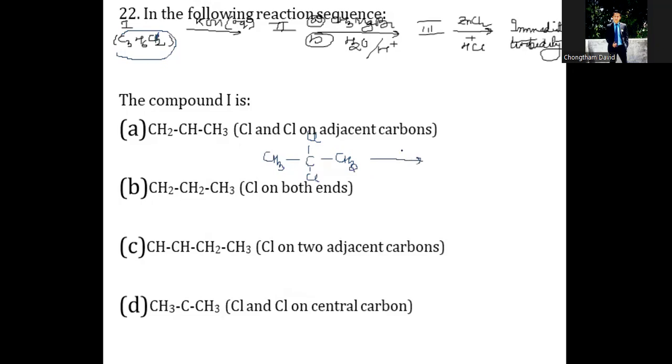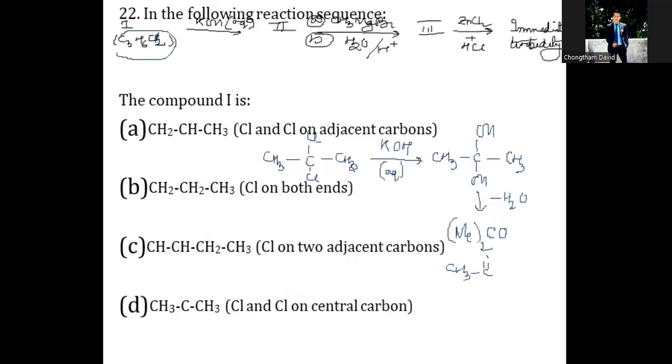On treatment with potassium hydroxide, this should be aqueous, not alcoholic. Aqueous potassium hydroxide, you have unstable product, dihydroxy compound. This is very unstable. Water is removed from this compound, leading to the formation of acetone. I've told you how to write the structure of acetone before. This is acetone, or you can also expand like this.